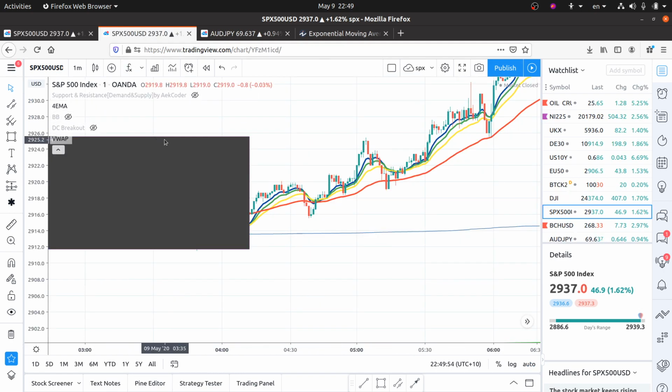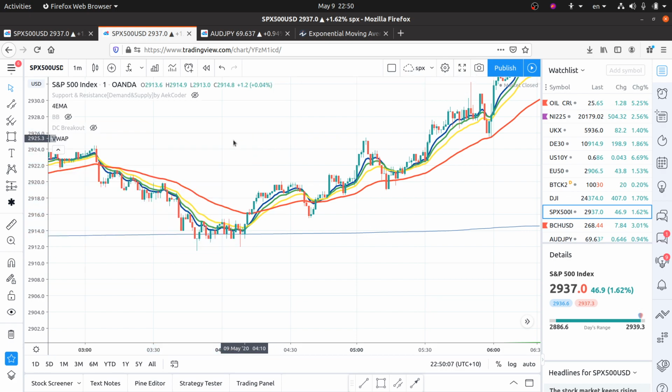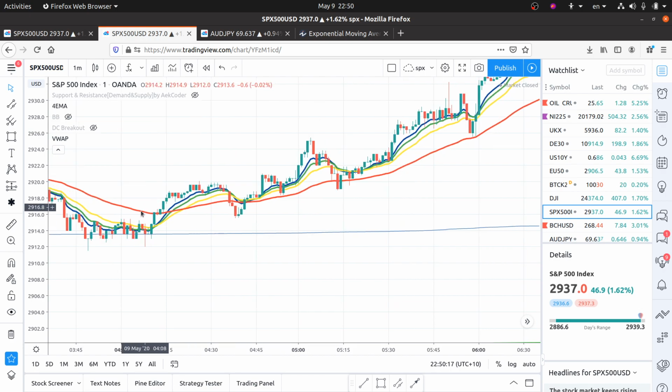This part here is where we were before. So I'll just take that out. We entered here, we saw that dramatic drop, we dropped all the way down, and now the market has picked up again. And look at the red line.